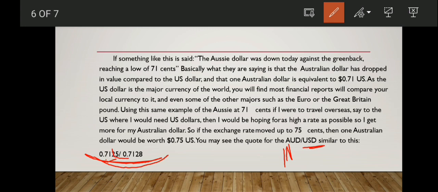From the first to the second decimal place is the same value, 71. It is from the third that we see 25 in one and 28 in the second. As we get deeper, we will talk about why we are seeing two prices for one single currency pair.